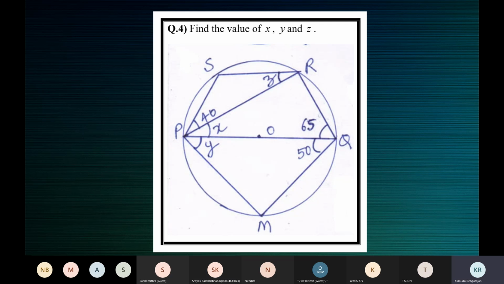Correct. Any other cyclic quadrilateral? Okay, correct. Try this, children. Draw the figure, try it, and then we'll discuss the answers.